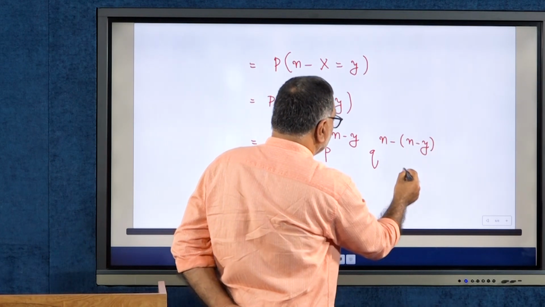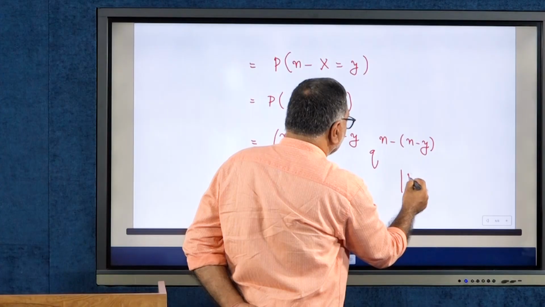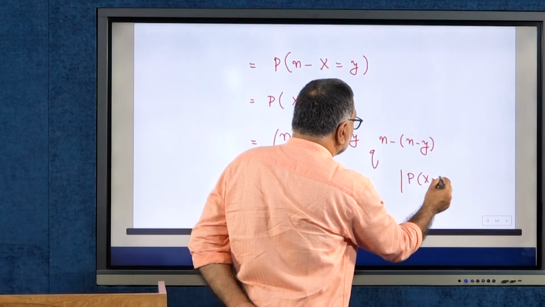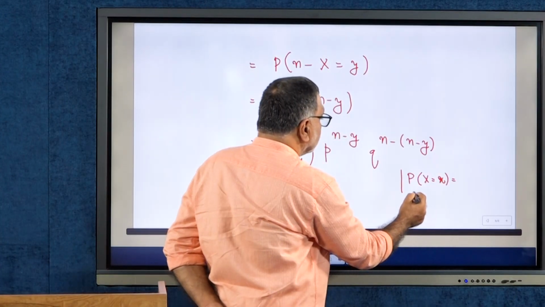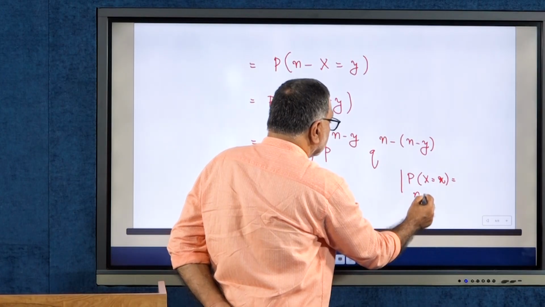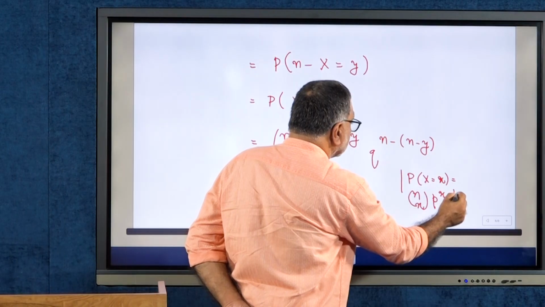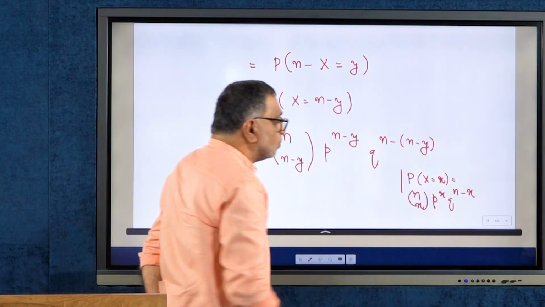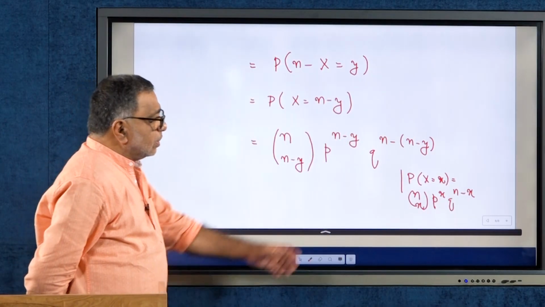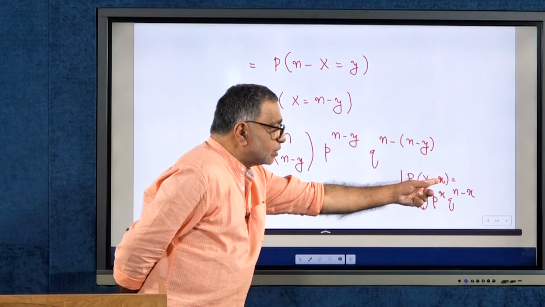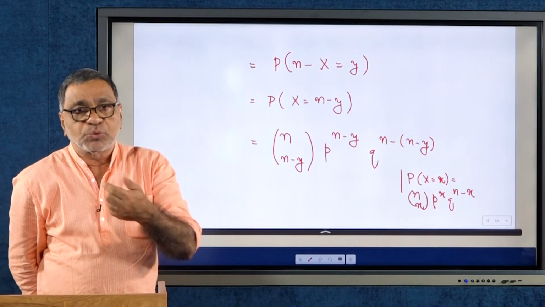That is because we know the probability of X equal to x is nCx p power x q power n minus x. This is the probability mass function of the binomial random variable. In this expression, you just replace small x by n minus y.